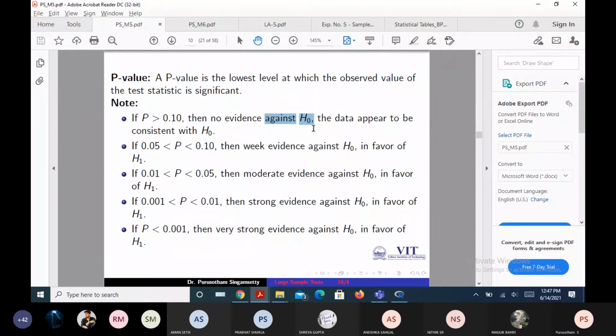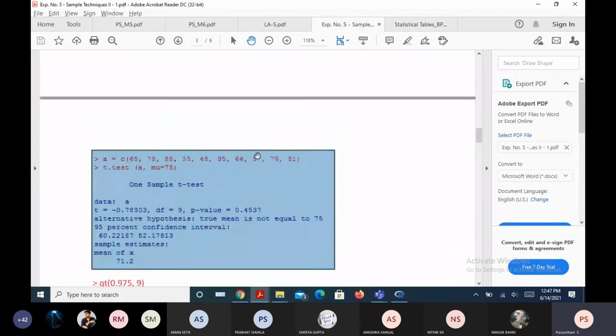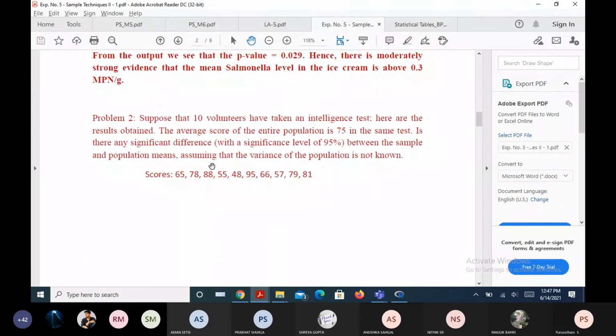So what is the conclusion when you are accepting the null hypothesis for this example? The sample mean and population mean are almost the same.